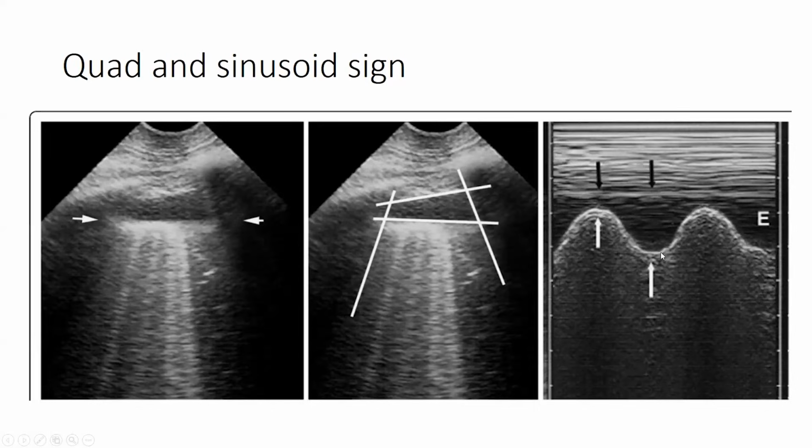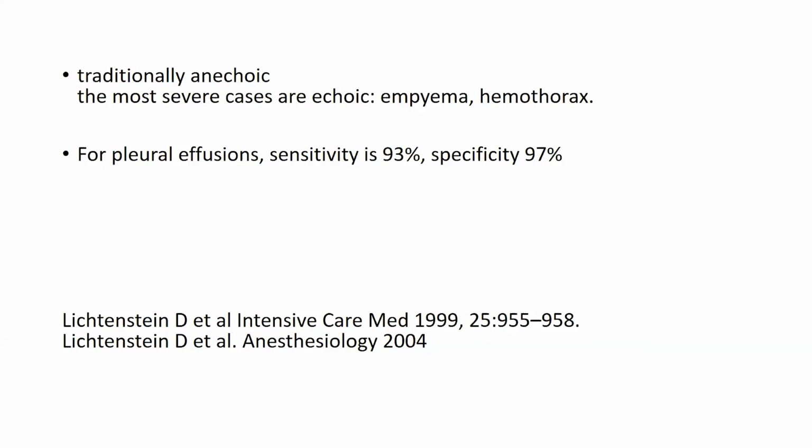Also, you can measure the distance between the pleura and the chest wall, so you know how much depth you have to insert your needle for a diagnostic fluid tap. A distance of 10 mm or 1 centimeter is considered safe to insert your needle. So that minimum distance you have to calculate. If that is there, you can definitely insert a needle even in this small amount of pleural fluid.